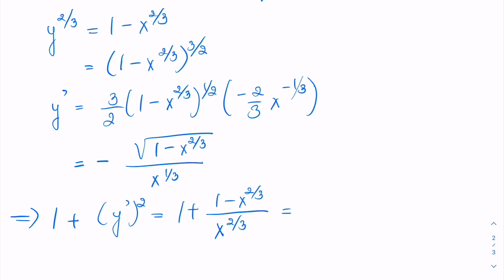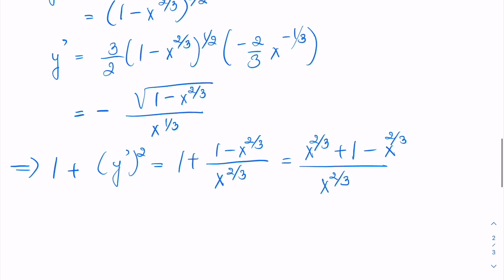Simplify that, we ended up with x to the 2/3 plus 1 minus x to the 2/3 over x to the 2/3. So we ended up with, cancel, cancel, x to the negative 2/3.